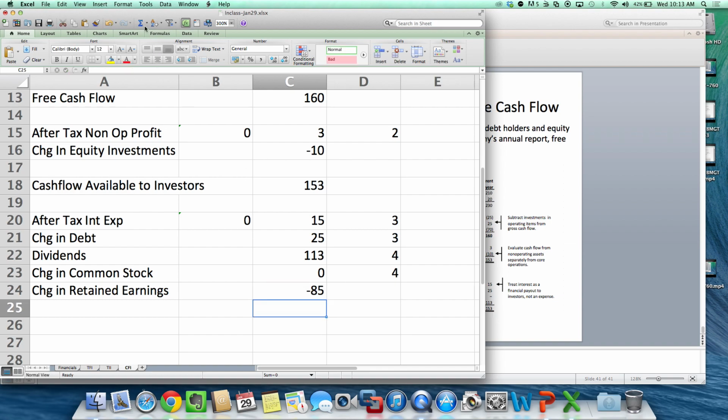So then I sum these together and I get my CFI balance. Or at least it should balance. I made a mistake. What mistake did I make on my cash flow available to investor statement?